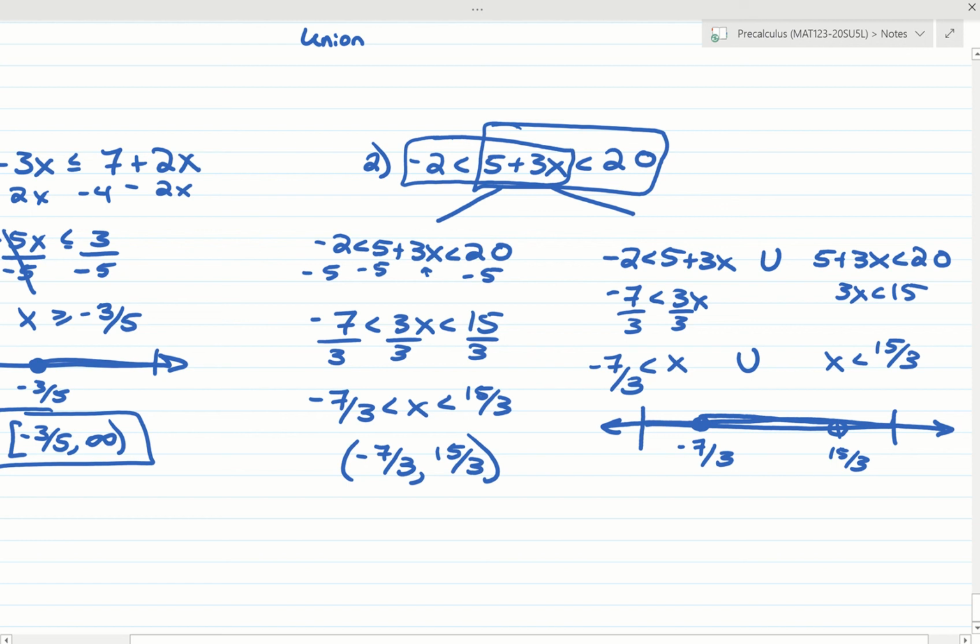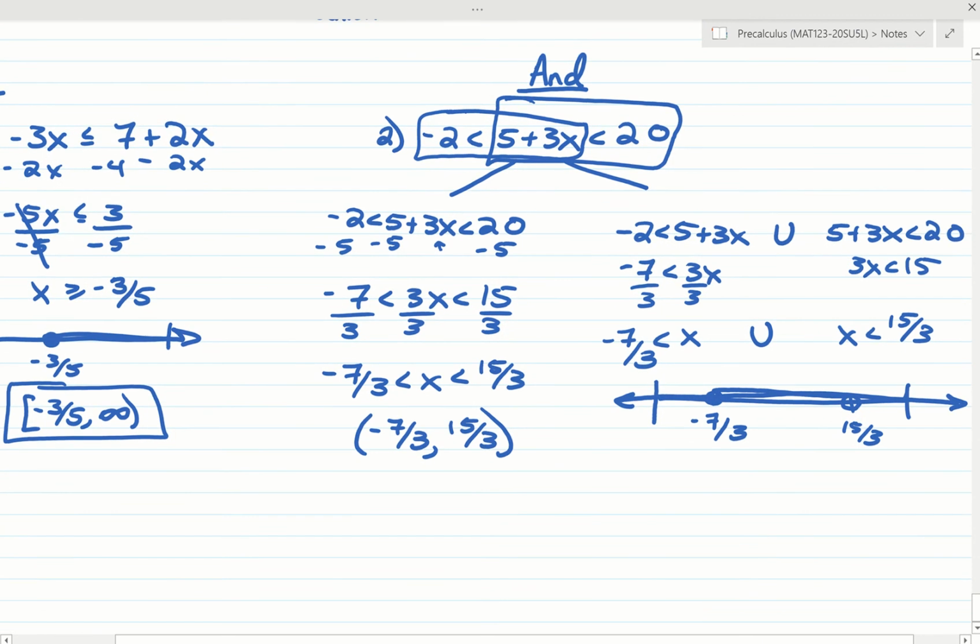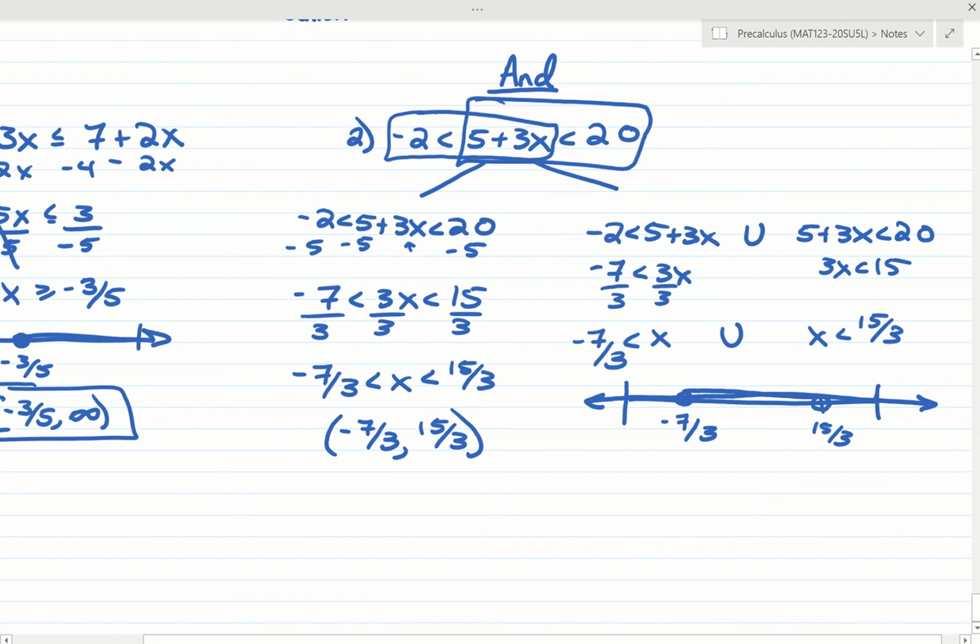But the way this inequality is written, this is an and inequality. By and inequality, that means that we're actually looking for numbers in between. An or inequality would look like something like this. With or, we're actually saying that the answer is this piece plus this piece, and we use a union to represent that.